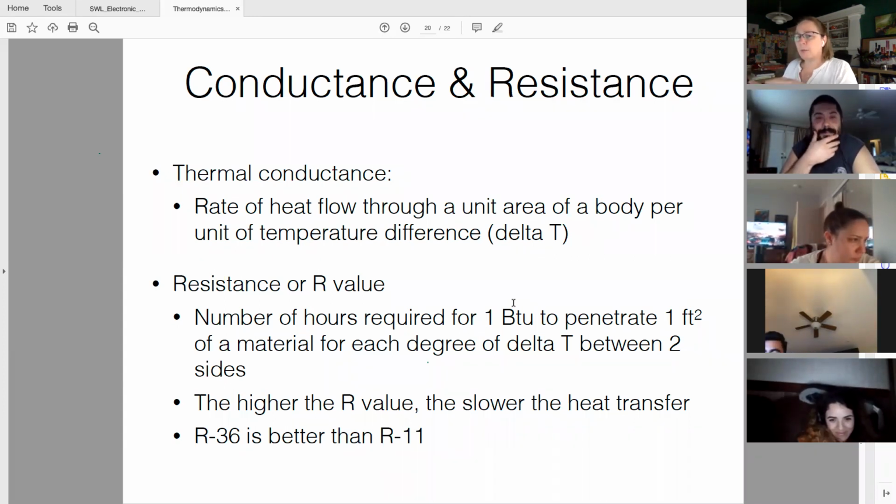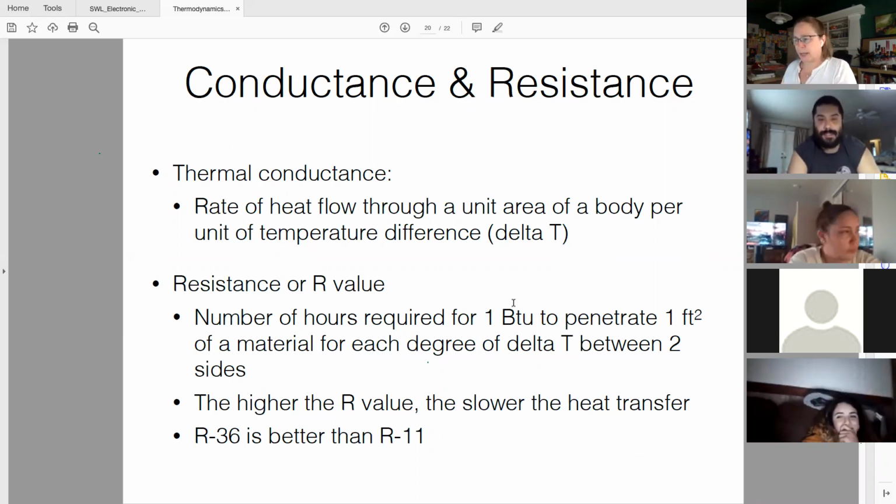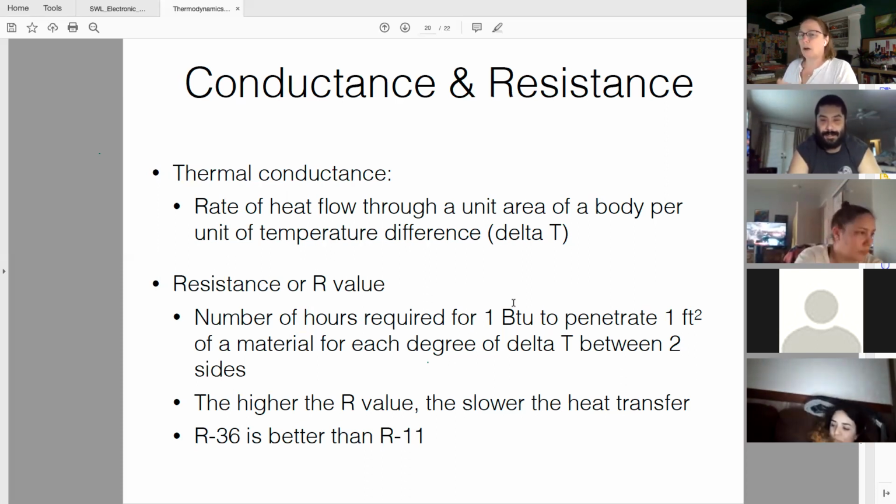So the resistance value of that insulating material, rigid insulation or batt insulation, is measured with the R value, and the higher the value, the higher the resistance is. So R36 is better than R11.